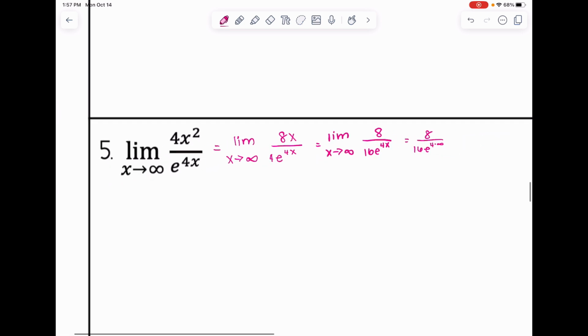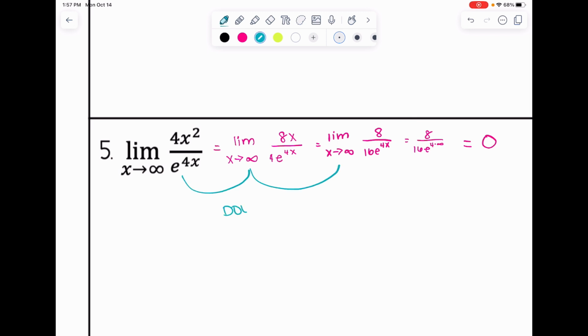I have something very small, which is 8 over something gigantic, which is infinity. So our limit here is going to be 0. Okay, so let's just make a note here that we are basically using a double application of L'Hopital's rule.